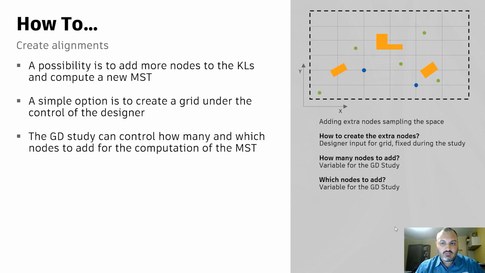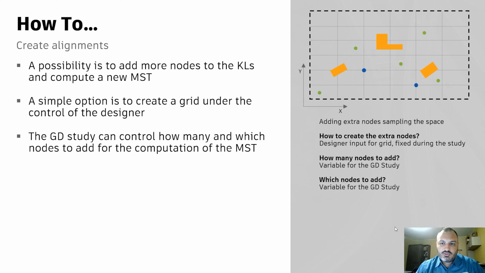So the way that you could do this is not the only one, so there are multiple solutions to the same problem, but in a nutshell, the designer is in control of this input grid and the rotation, the spacing, the number of subdivisions, and so on. And these particular inputs are not going to change for the duration of the study.